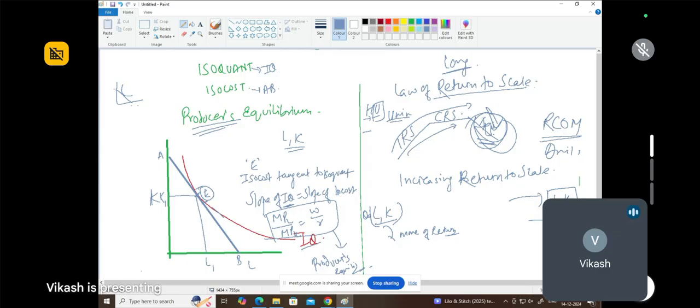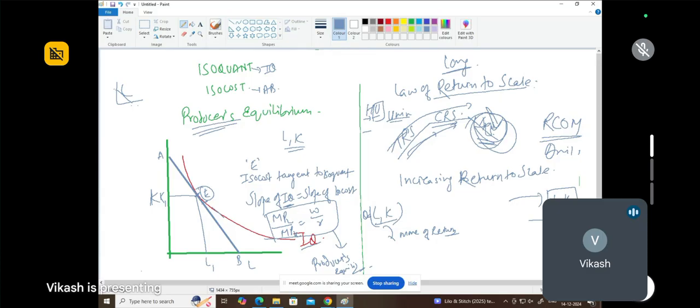Definitely the company saw the IRS phase during the late 60s, 70s and 80s, and then faced CRS. If they do some innovation or upgradation in their product, they can again see the IRS phase. But what will happen if companies stop any kind of innovation or modification in their product? The company falls into DRS.